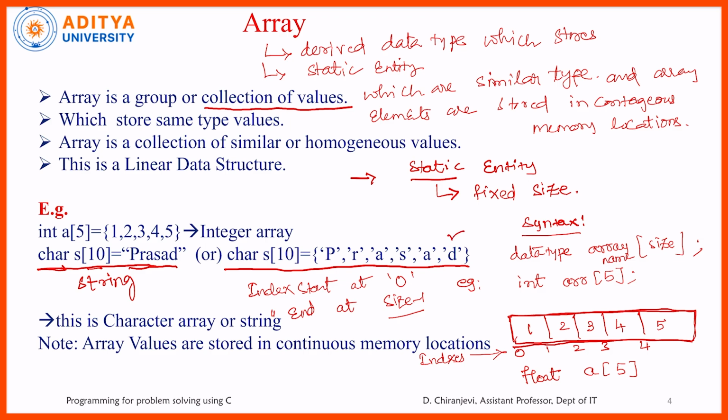If it is a string, the last character is null, that is backslash zero. Even so, I am saying char s of 10 equal to double quotes Prasad is a string. The reason is that Prasad has length 6, so you can store the null character too, total 7. You can store 7 characters in this char s of 10 because a maximum of 10 characters can be stored.